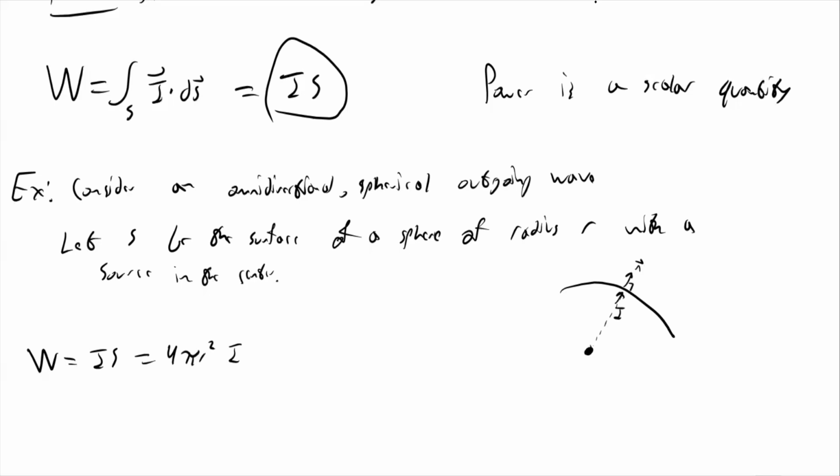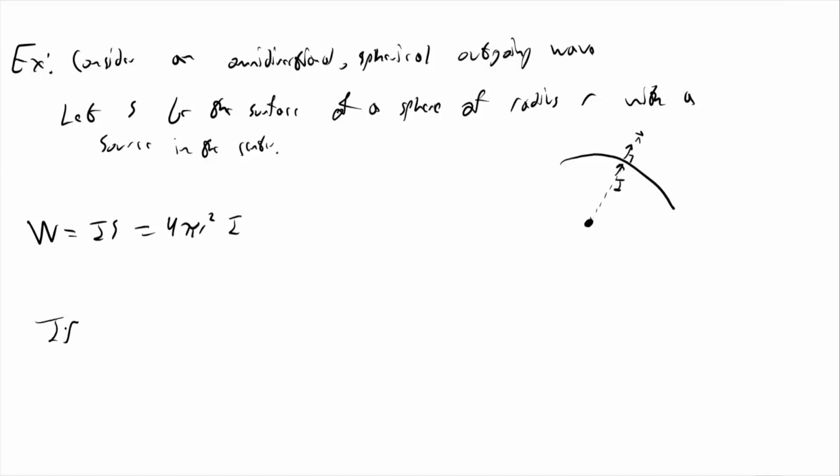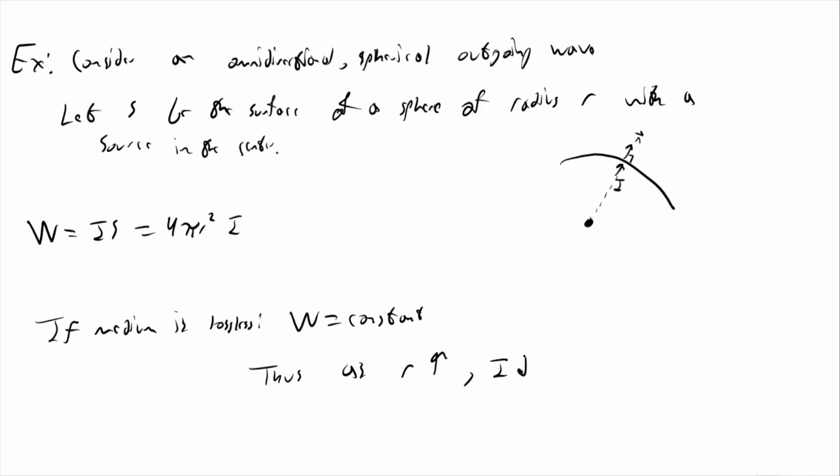As such, if the medium is lossless, we have that power is equal to a constant. Thus, as r increases, I must decrease. As r increases, I decreases inversely. So if you're looking at the spherical case, it varies inversely as the square. So intensity varies inversely as the square for this spherical case.